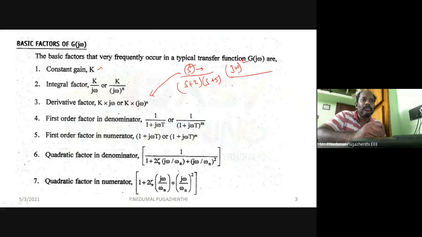If you convert that into time constant form, 10 will be there, and you will have 1 plus 0.5 j omega, 1 plus 0.2 j omega. So this is a first order factor in the denominator. So there are derivative factors, integral factors, first order factors in the denominator or higher order, and first order factors in the numerator or higher order.